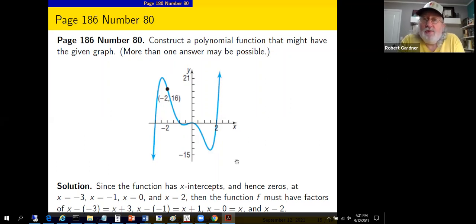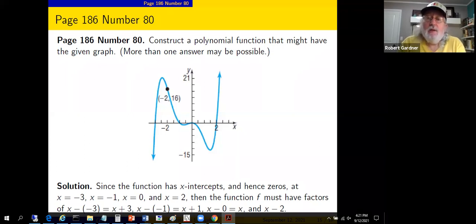So we know factors of this function. It must have factors of x minus -3, that is x plus 3, x minus -1, that is x plus 1, x minus 0, or just x itself, and x minus 2. So we get these 4 factors based on the x-intercepts.